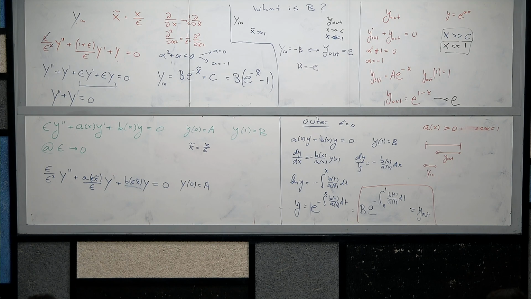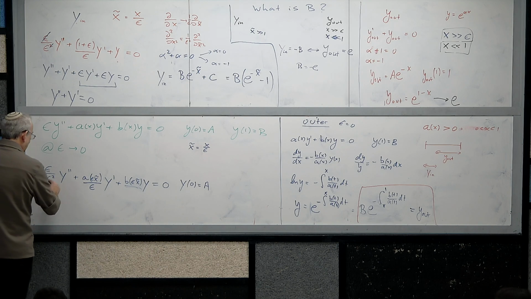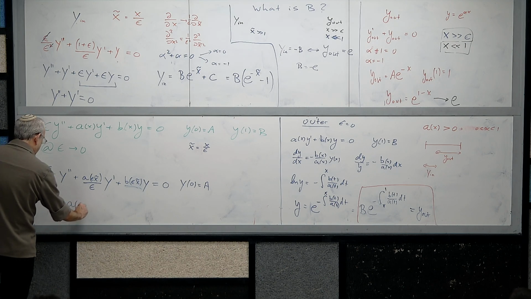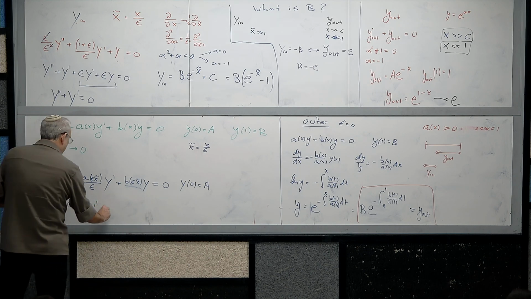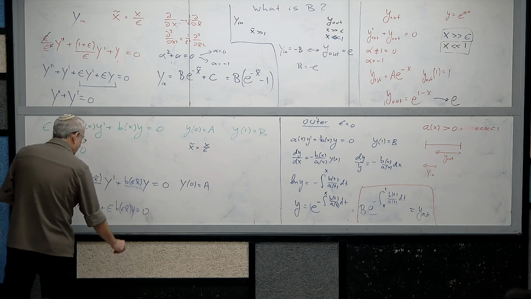Now, this epsilon cancels with this one, right? And I can multiply everything by epsilon, and I will get y double prime plus a of epsilon x tilde y prime plus epsilon b of epsilon x tilde y equals 0.